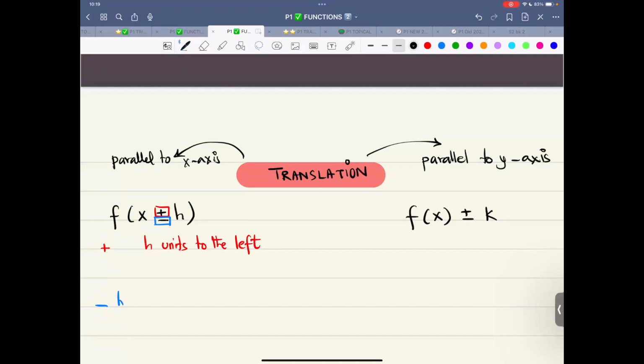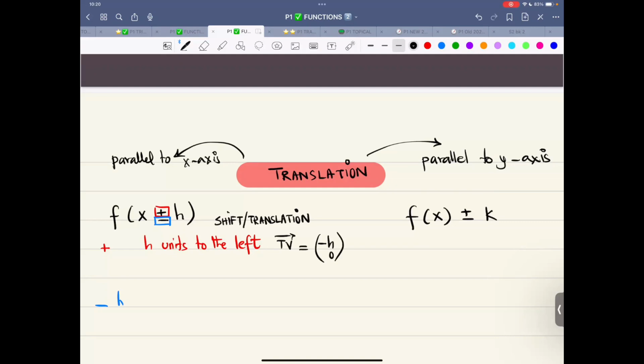Let me use the word translation. So it's a translation of h units to the left. That means the translation vector will be negative h comma 0.